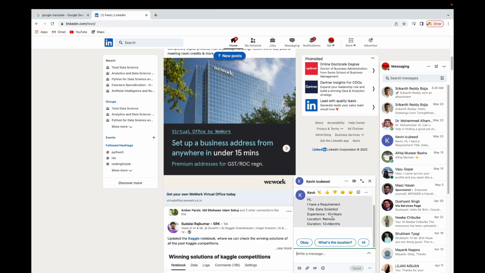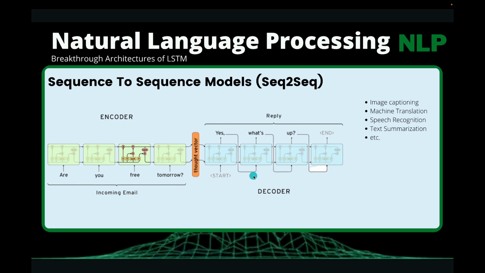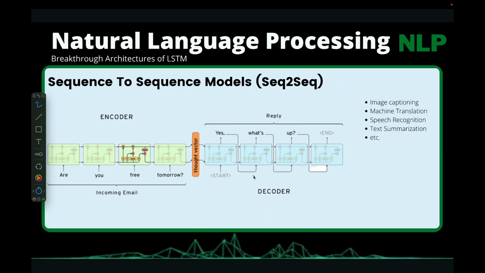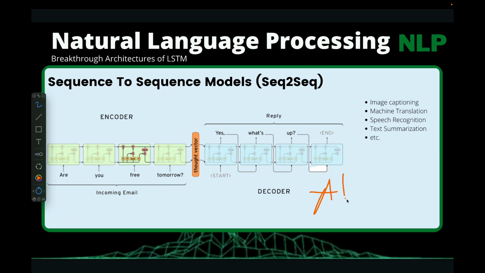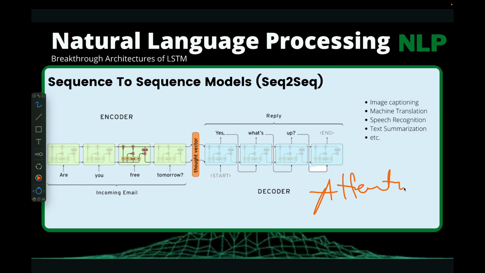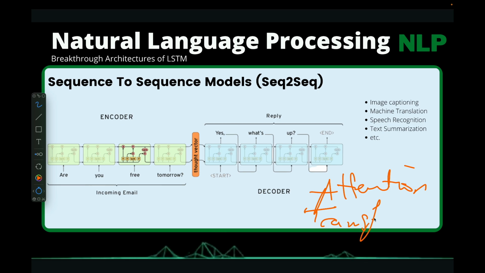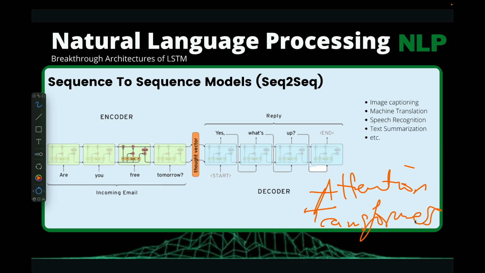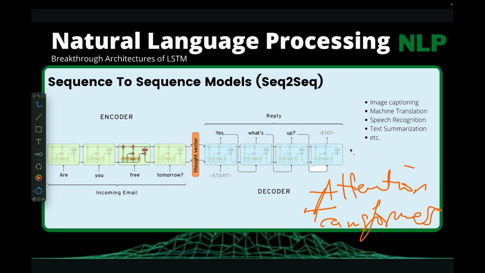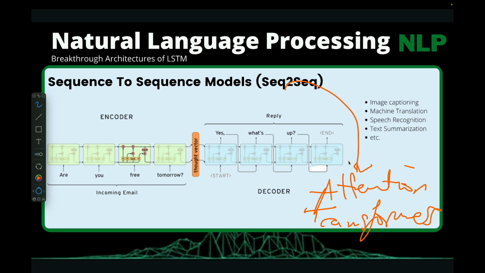It's possible that what they are using here is an improved version of sequence to sequence. We have another one that we call attention, using transformers, which is a modification of sequence to sequence.